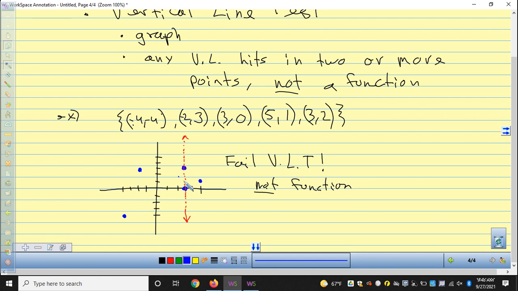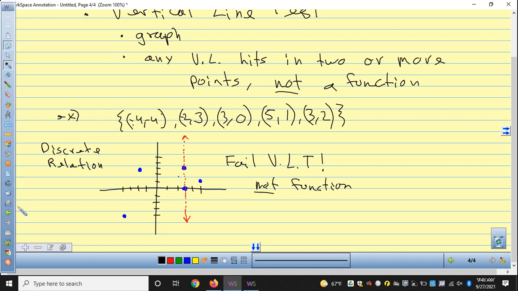We don't connect these dots on this graph because we are just given these points. This would be a discrete relation because it just has dots on the graph. They're not connected by a line. All right, so questions on this example where a function or relation fails a vertical line test.